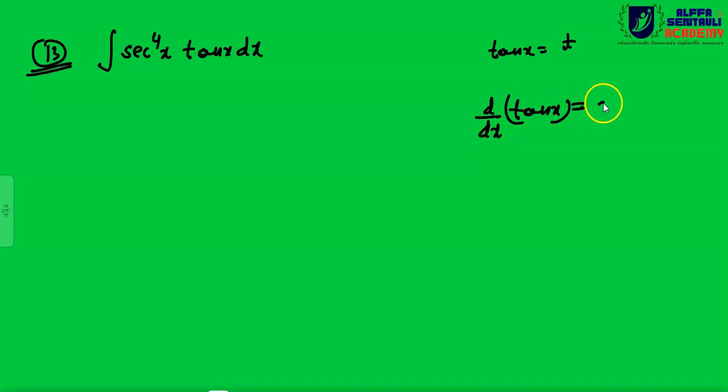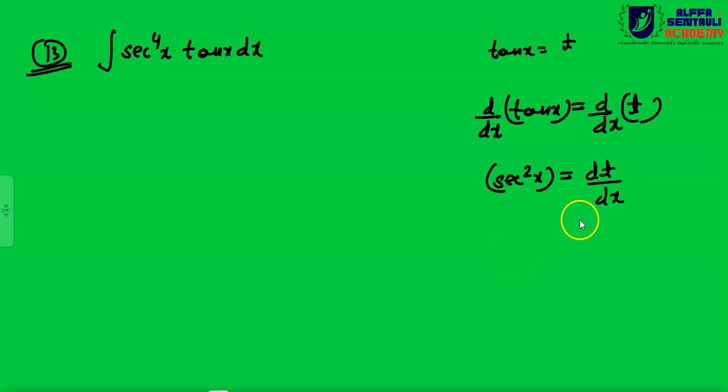So d by dx of tan x is nothing but sec square x, and this will be equal to dt by dx, right? Now cross multiply dx over here and bring sec square x towards the denominator. So dx will be equal to dt upon sec square x, correct?